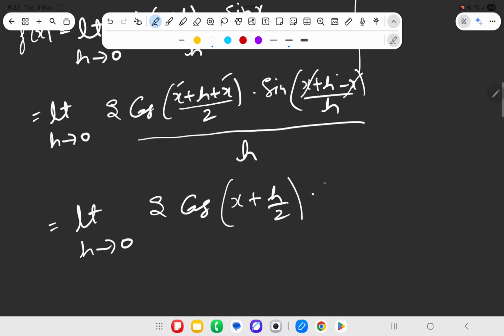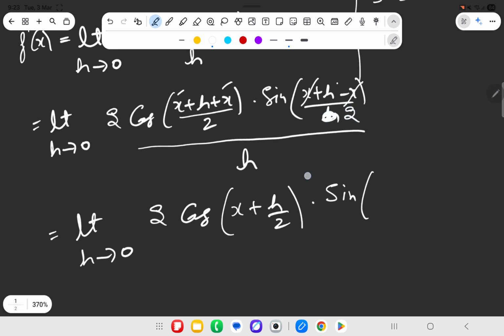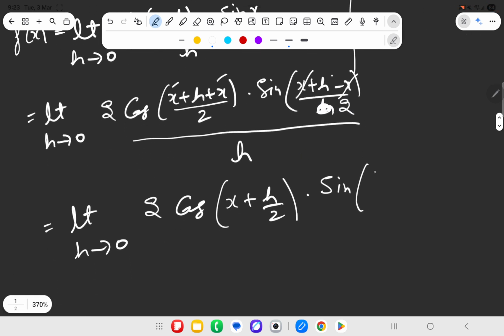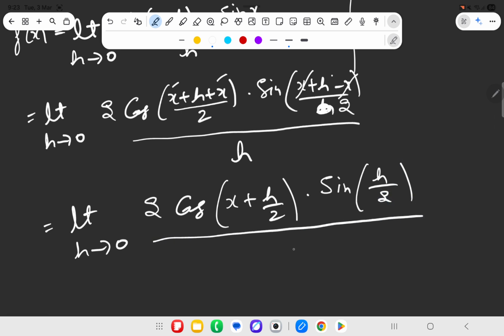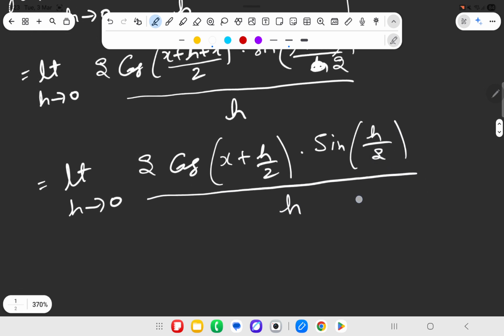Here one x is cancelled out, and what is left behind is simply sin of h by 2, here it is 2 not h, that's my mistake, so h by 2, and this is divided by h. Now to balance this I just rewrite 2 here.